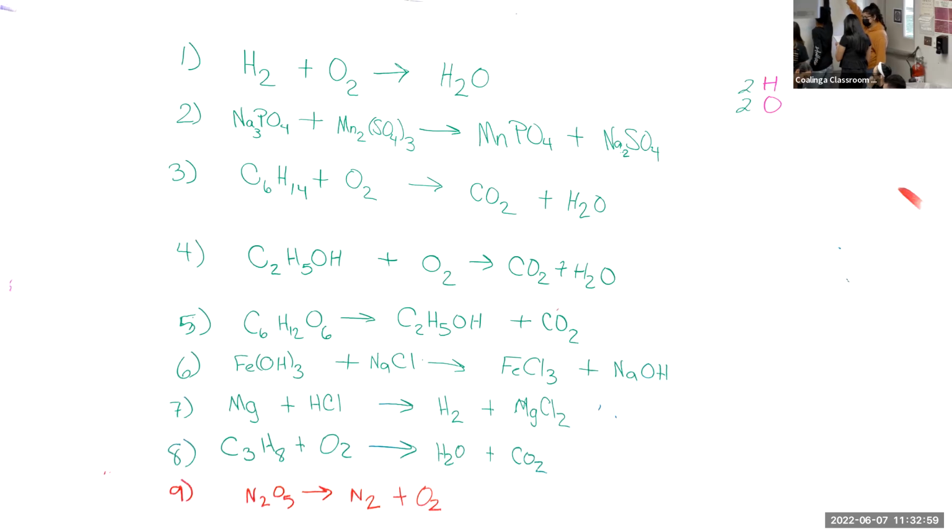This is 1 and then 3, right? 1 and 2. So it's 1, 1, 1, 1, 1, 2, 2, right? Hold on. Oh, wait. Yeah. 2 on this side and 4 on top. Yeah, 1, 1, 1.